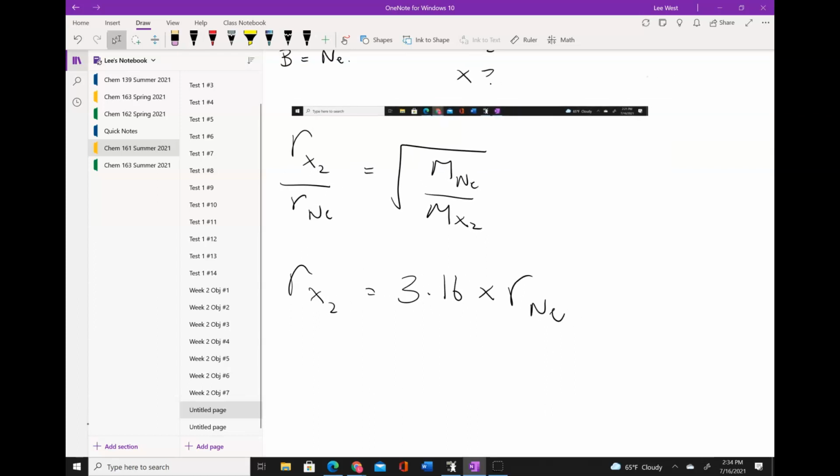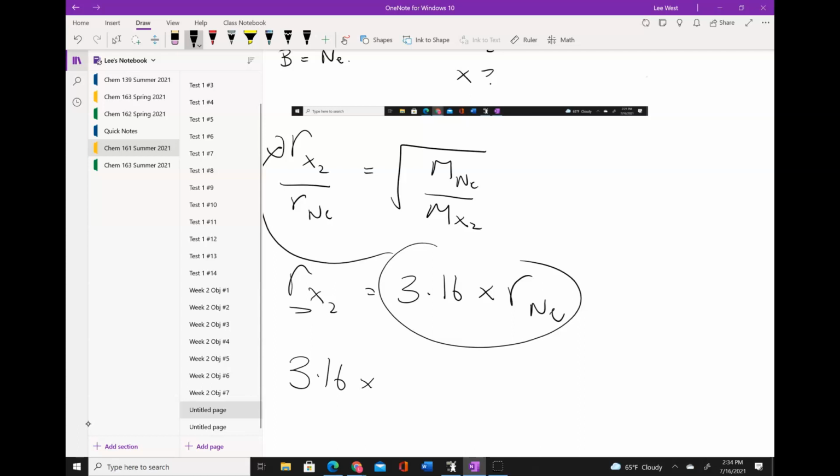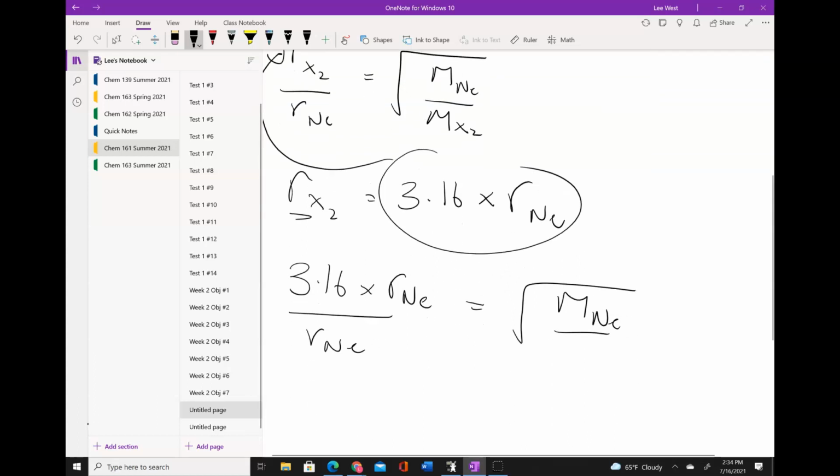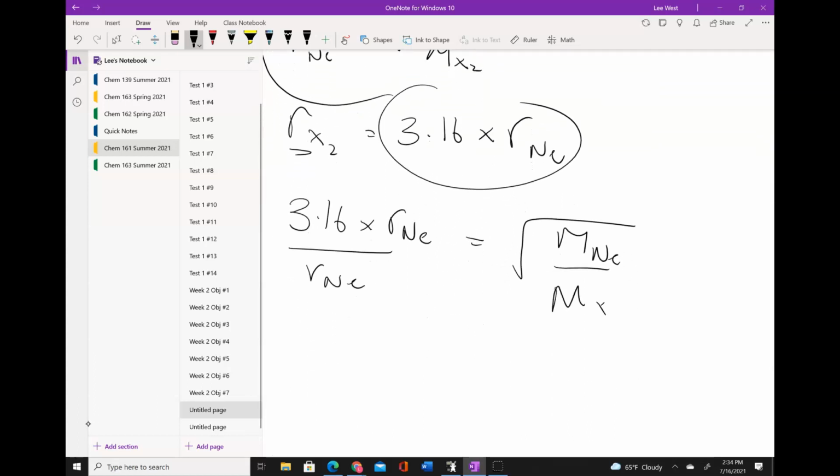So when I put this term up there in place of this one, something interesting happens: 3.16 times the rate of effusion of neon over the rate of effusion of neon is equal to the square root of the molar mass of neon over the molar mass of my unknown gas.